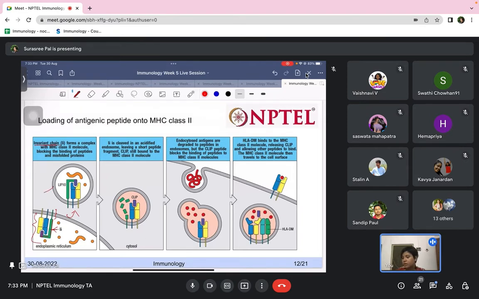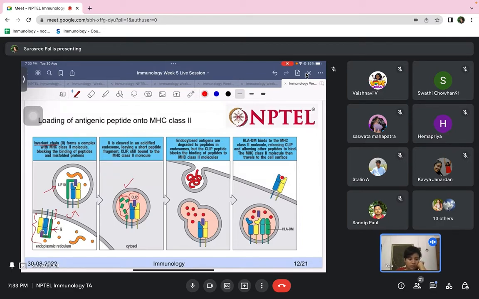So it travels in the vesicle, and finally when the vesicle is acidified, so when the pH becomes acidic, the invariant chain is cleaved off by the proteases in the acidified endosome, and there remains a short peptide which is still bound to the MHC class 2 molecule, which is the clip.